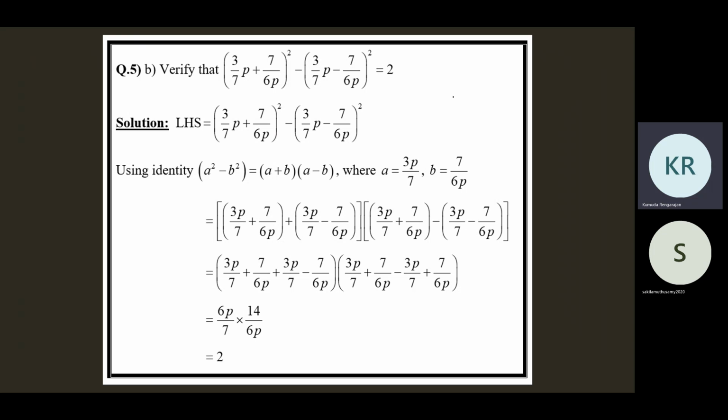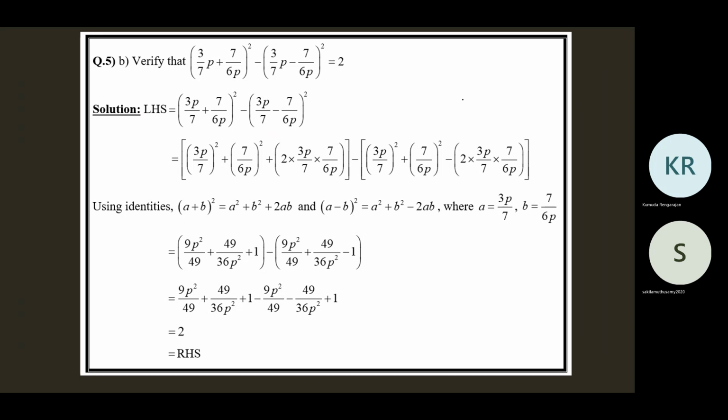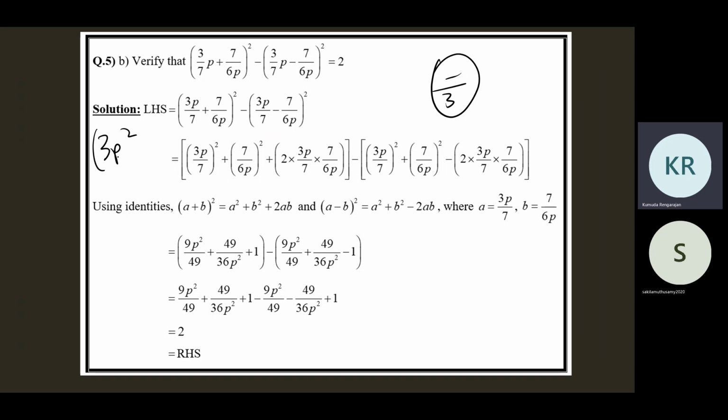Actually, I cannot give you marks because you have not simplified it correctly. Because you've written 3p square. It is 3p the whole square. You've written 6p square.